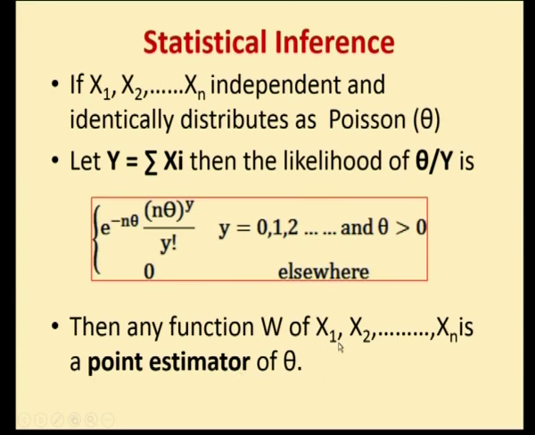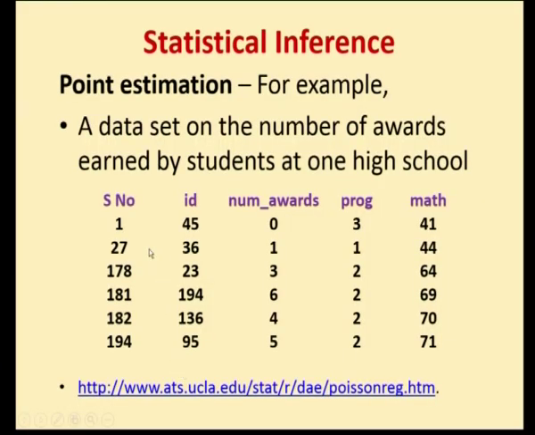So, we have to find a suitable function in terms of the sample values x 1, x 2 etcetera, to understand the plausibility, in the sense of reasonable or appropriate values for theta, because as far as the Poisson distribution is concerned, the parameter space for theta is strictly positive. So, we have to estimate the value within this framework, that is what I mean by plausible value.